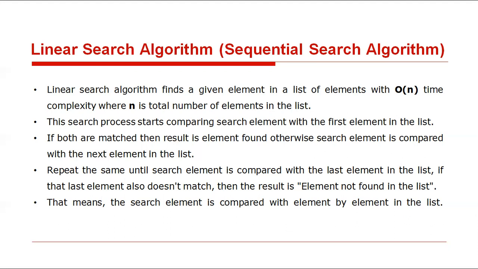Both are equal, search is found. Otherwise, the control goes to the next person. Repeat the same until the search element is compared with the last element. If roll number 32 is compared with the last person and not found, the student is not in the classroom.